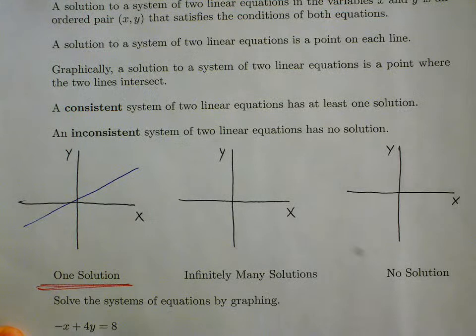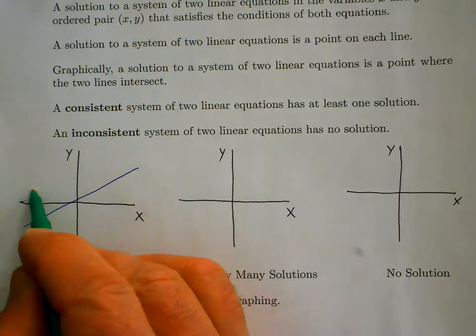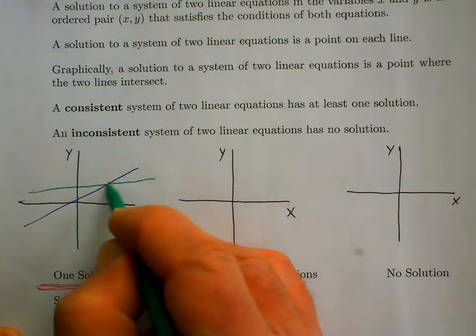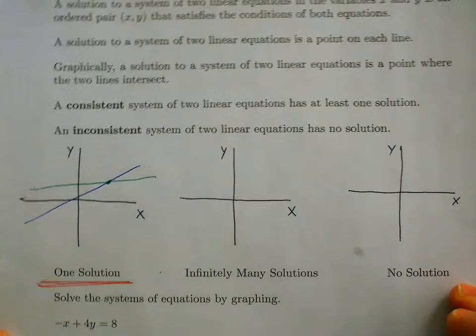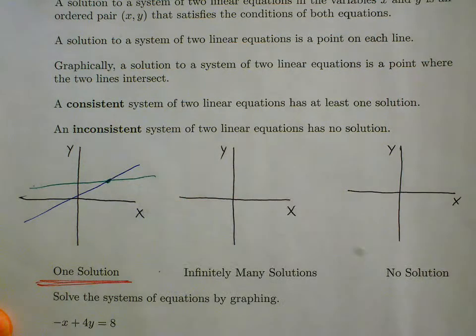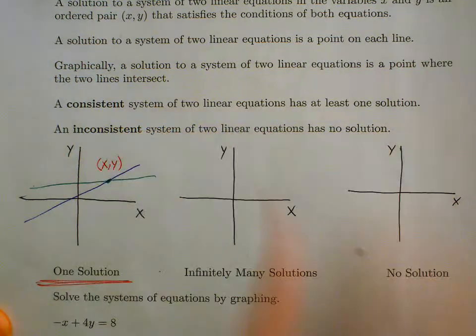So here's one of the lines and another line. In this picture, the two lines intersect at exactly one point. So whatever that ordered pair is of the intersection, that is the solution to that system.